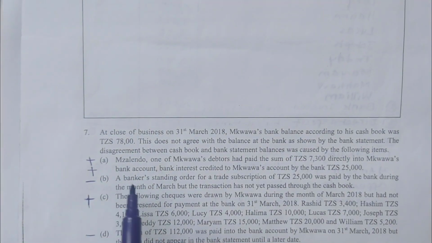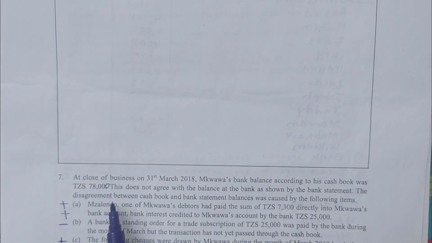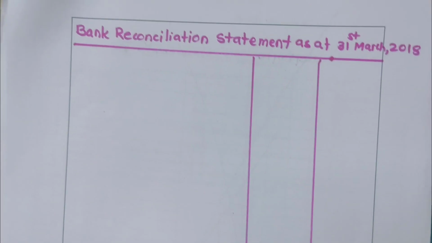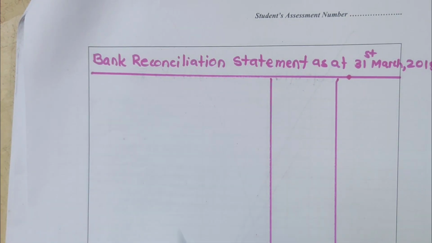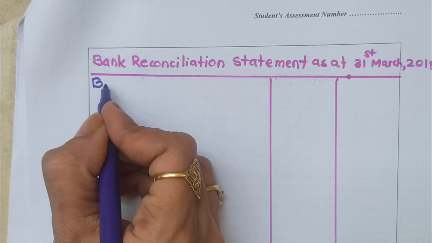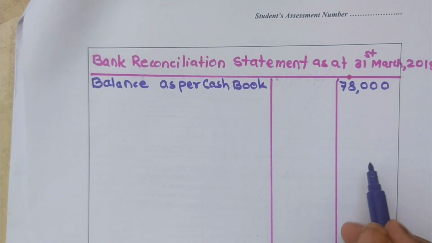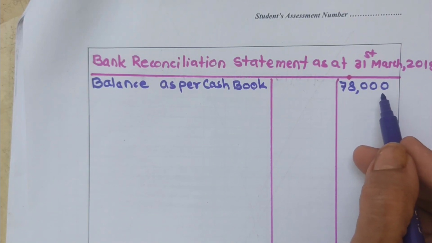So how much is the balance? Balance is 78,000. So let's start. First thing we have to write down here balance as per cash book. So let's write down first balance as per cash book 78,000.